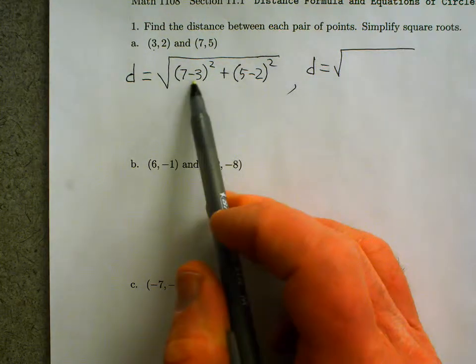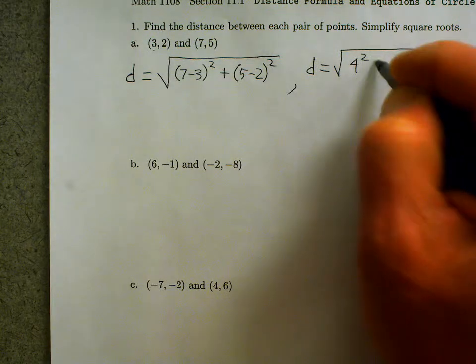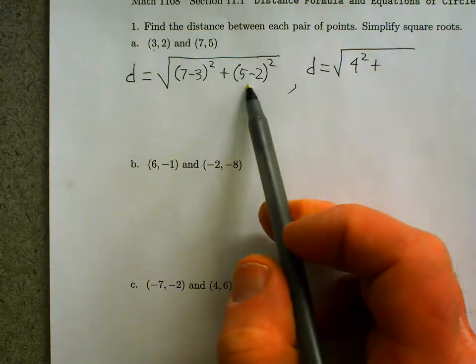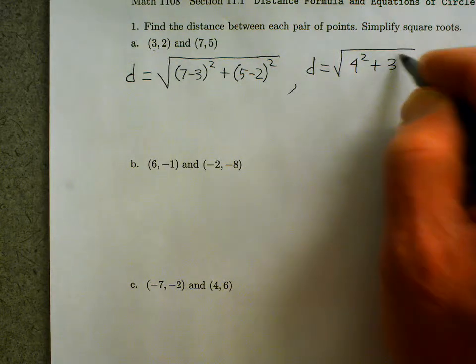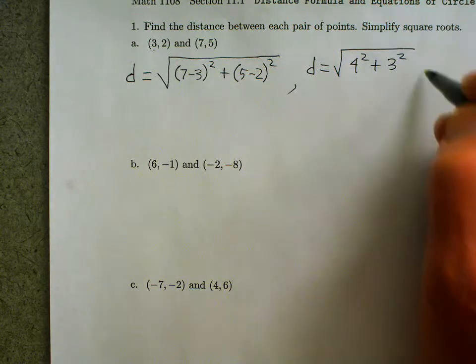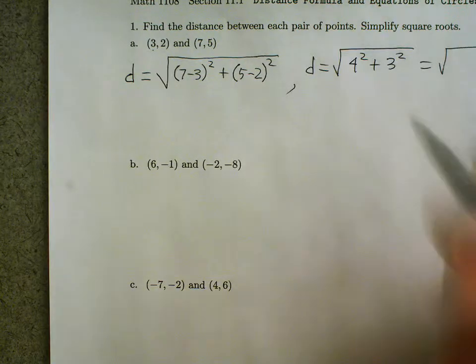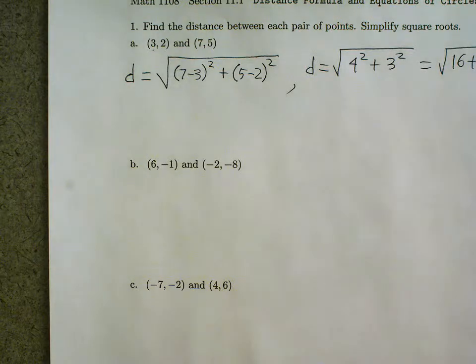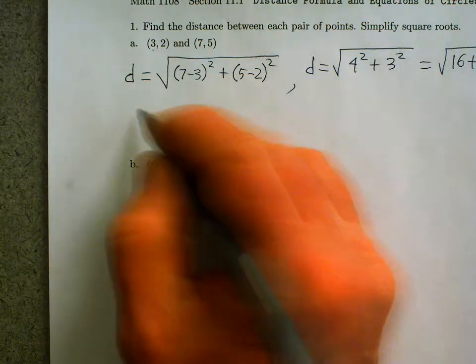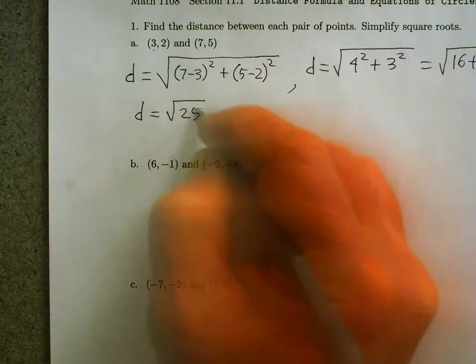So 7 minus 3 is 4. So we have 4 squared, and then plus 3 squared, because 5 minus 2 is 3. And then we get the square root of 16 plus 9, or the square root of 25.